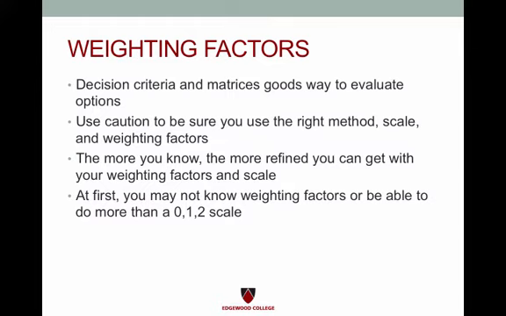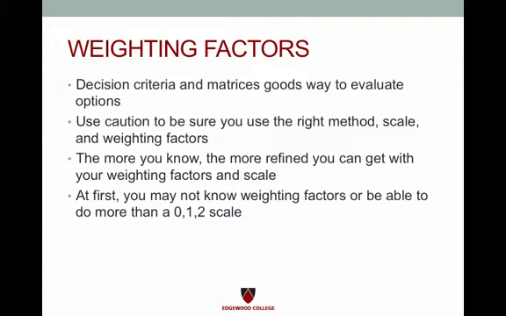The more you know about a case and about the data and about the different details of a particular situation, the more refined you can get with your weighting factors and your scales. Sometimes you just know enough to say that one option is better than the other, and you can say this is a higher option as opposed to the other one that's a lower option. Sometimes you can get a little bit more rigorous and say, on a scale of 1 to 5, this is a 4 and this other option is a 3.